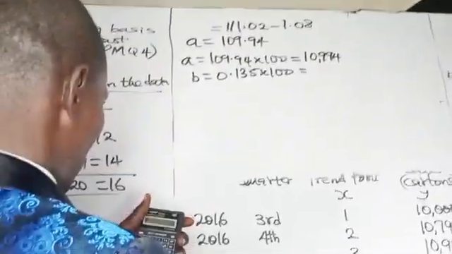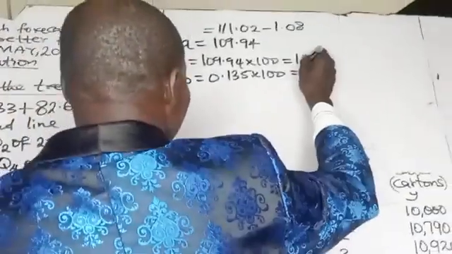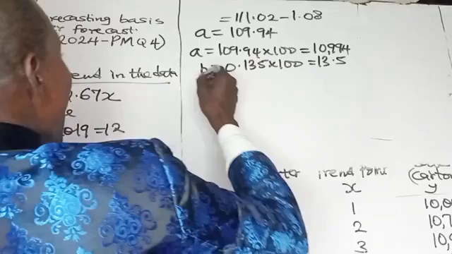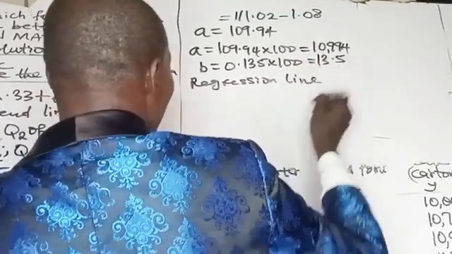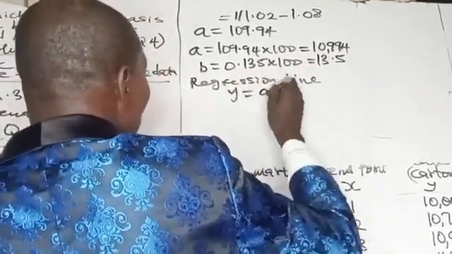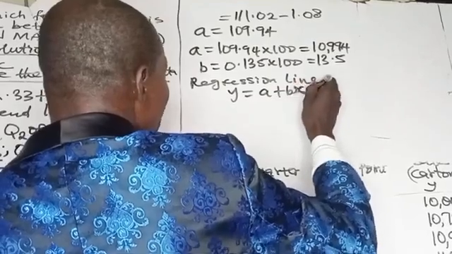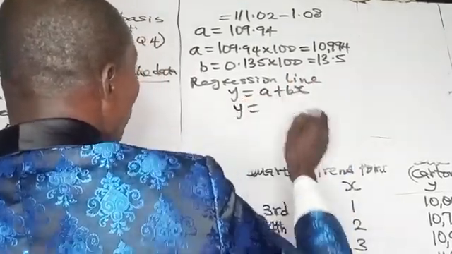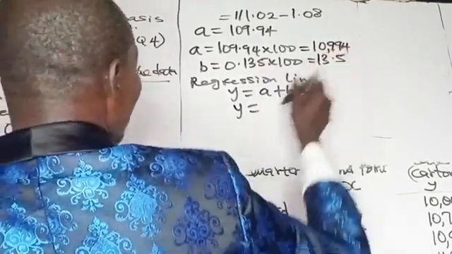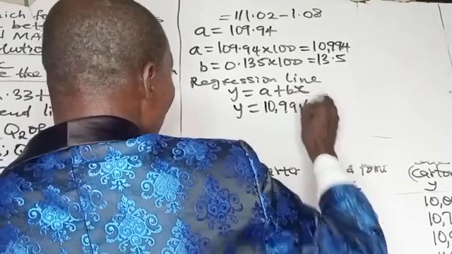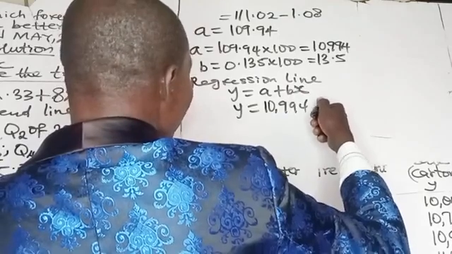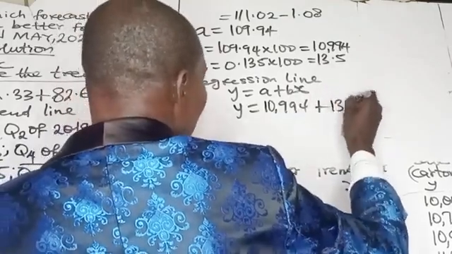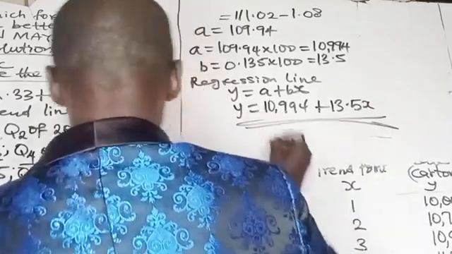That gives us 13.5. So the regression line will now be Y equals A plus BX. Let's substitute for A and B: Y equals 10,994 plus 13.5X. This is the regression line.